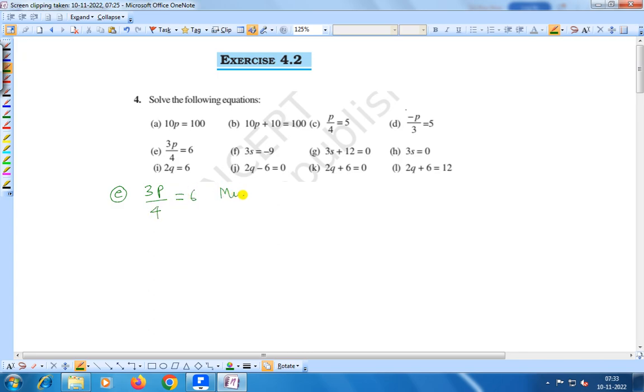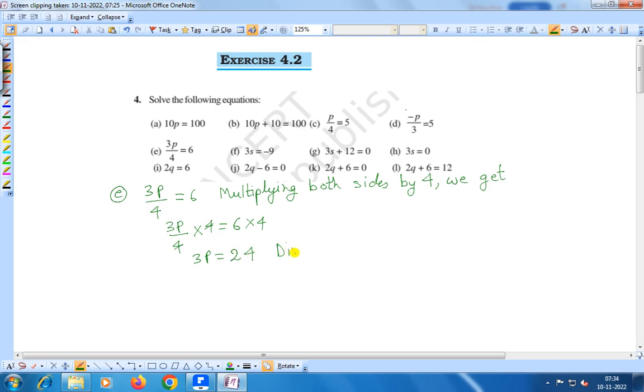Multiplying both sides by 4, we get 3p by 4 into 4 is equal to 6 into 4. This 4 will be cut, right? Therefore 3p is equal to 4 6s are 24.